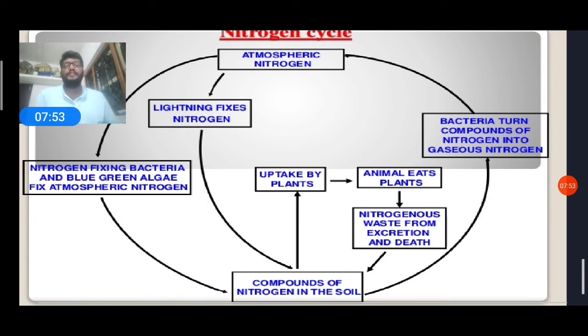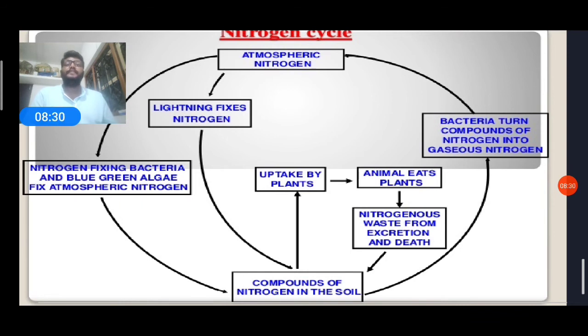Are you getting it or not? The atmospheric nitrogen, 78%, is in the form of gas. It is not used directly by plants as well as animals, but some bacteria and lightning convert the nitrogen gas into simpler compounds present in the soil. That is taken by the plants, which synthesize food, and that food is fed on by the animals. If animals and plants excrete nitrogen waste products, they go into the soil and are again utilized by the plants.